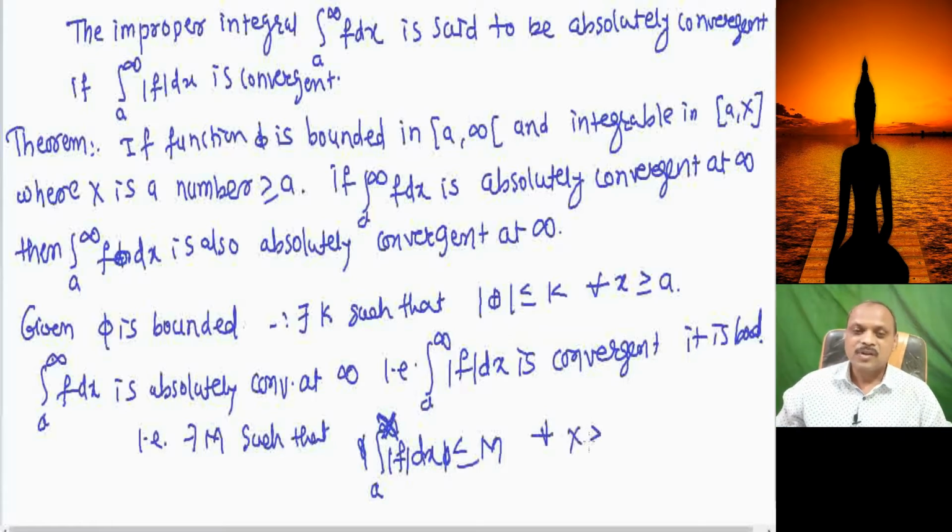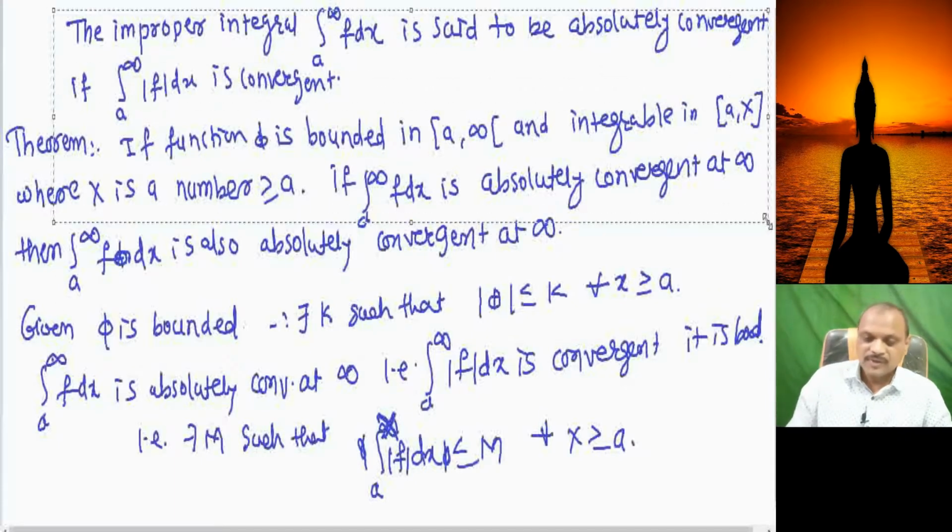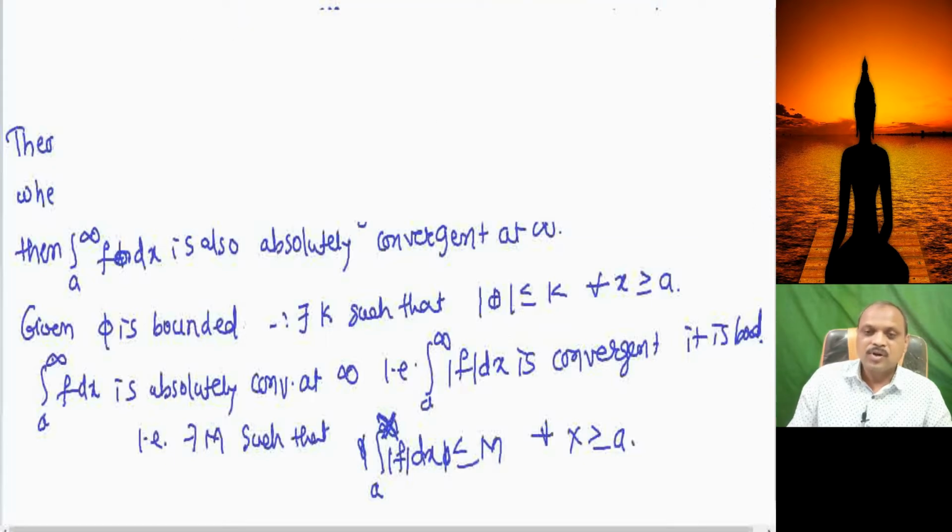Now if we consider the product function phi into f, therefore the mod of f into phi is less than or equal to K into mod f.